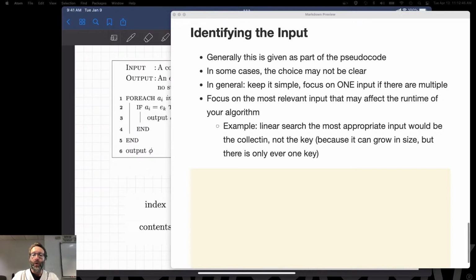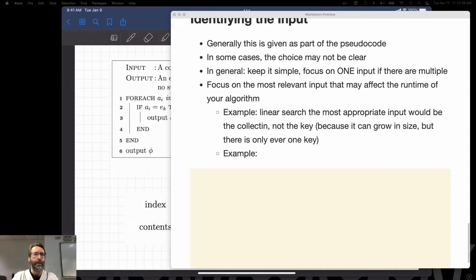What about another example? Have you ever seen Euclid's GCD algorithm? All right, then let's look it up. Euclid's GCD algorithm in Python.